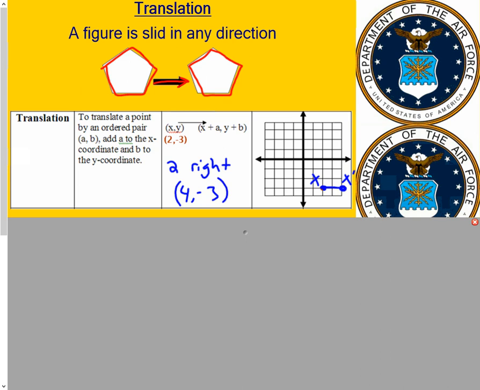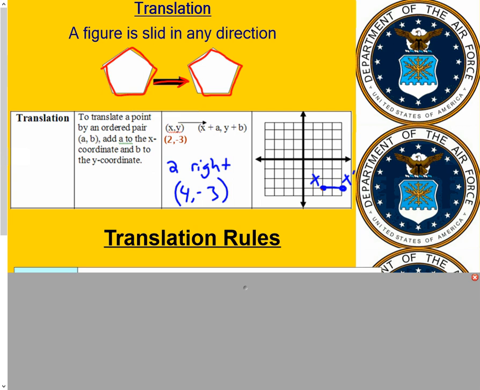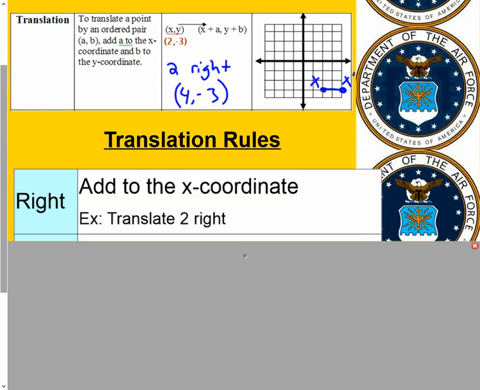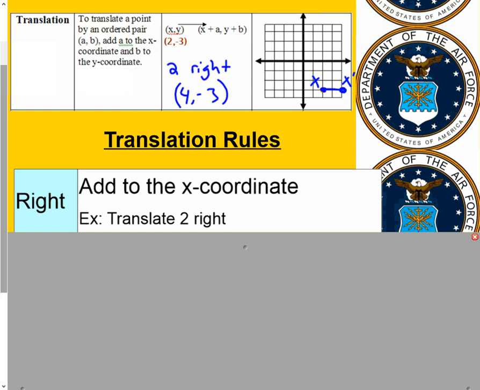So that gets into our first rule. So for translation rules, you can always do it on a graph, and these are shortcuts you can do without a graph. So moving to the right, and I would actually copy down this chart. This is an important chart to copy down. Moving to the right, you add to the X coordinate. Okay? So if I knew I'm moving 2 to the right, all I had to do was look at the coordinate, add 2 to the X, and I'd have the new point.